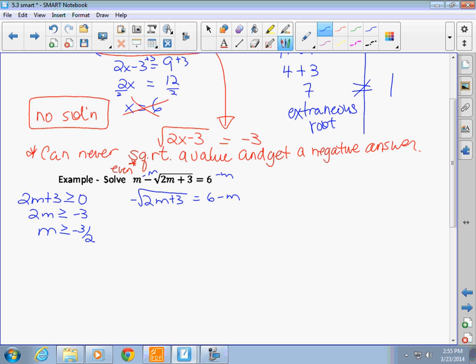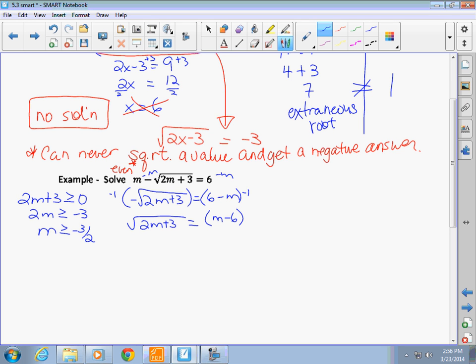You can either divide by a negative or you can multiply by a negative. I'll multiply both sides by negative 1. I'm not changing anything on the left side, I'm just going to get rid of that negative. So that becomes square root of 2m plus 3 is equal to negative 6 plus m. I'm just going to change that to m minus 6.